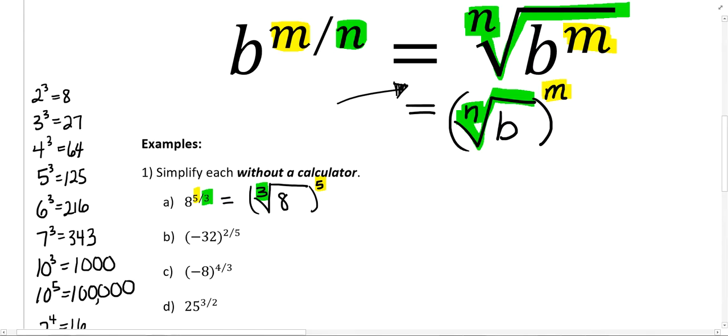So we're taking a cube root because of the 3. All right, a cube root of 8, well, 2 cubed is 8, so the cube root of 8 is 2. So we're taking 2 to the 5th power. That is another one that we should list somewhere. 2 to the 5th power is very common. It is 32. So this is 32.